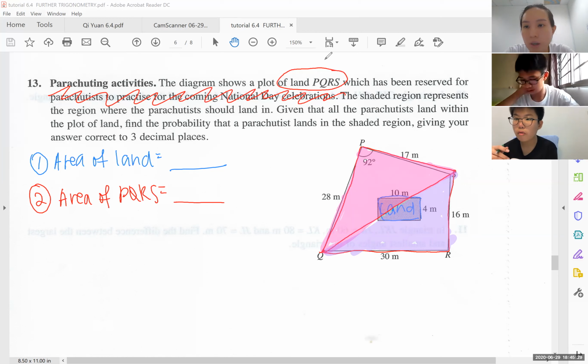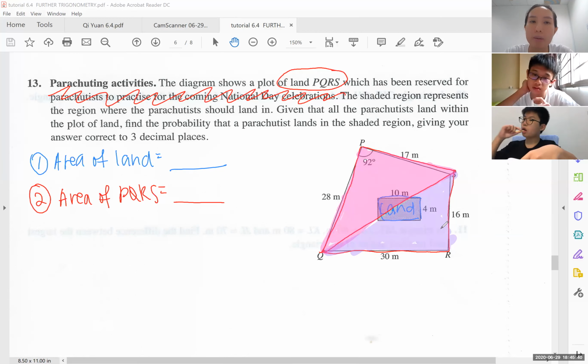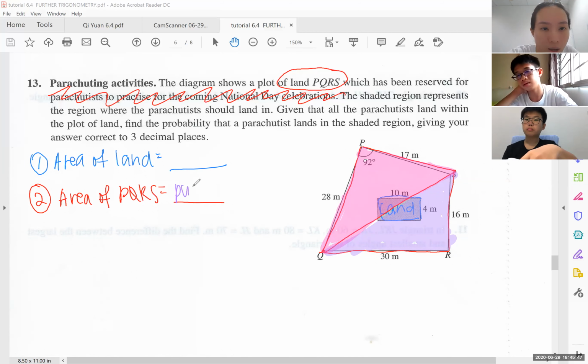The angle. Okay, can we assume that this is 90? Can we say that? No, cannot assume. The question never say means you cannot. So is there any way you can use half AB sine C for the purple one? No, cannot, right? So how to do?